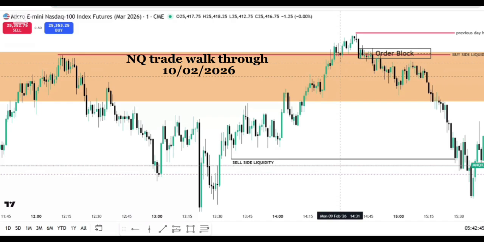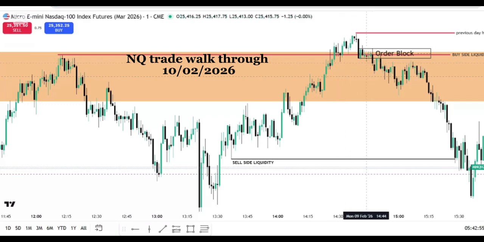So I had to still wait for price to take this low for me to confirm fully that I have to take this sell trade.